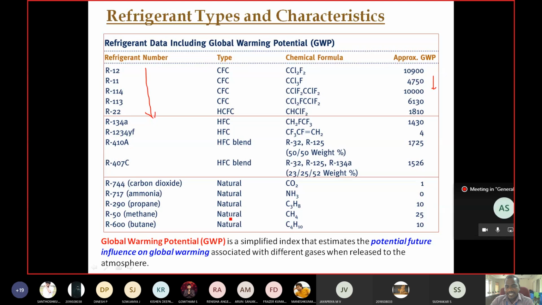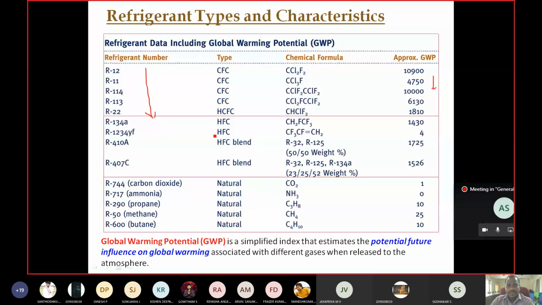It is a simplified index that estimates the potential future influences on global warming associated with different gases when released to the atmosphere. These gases may be released into the atmosphere as an exit of the refrigeration and or air conditioning system. So that may affect our GWP.